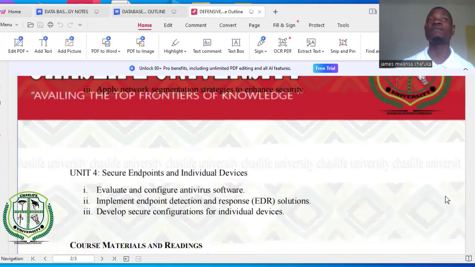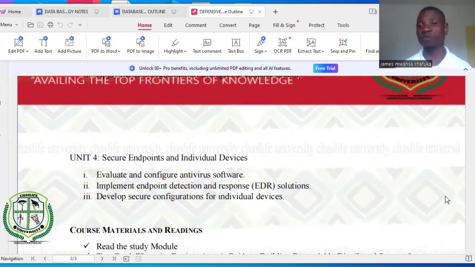And then we also have Unit 4 under defensive security, which has the main subtitle Secure Endpoint and Individual Devices. Under Unit 4, the learners and the students will be able to evaluate and configure antivirus software, and then implement endpoint detection and response solutions.